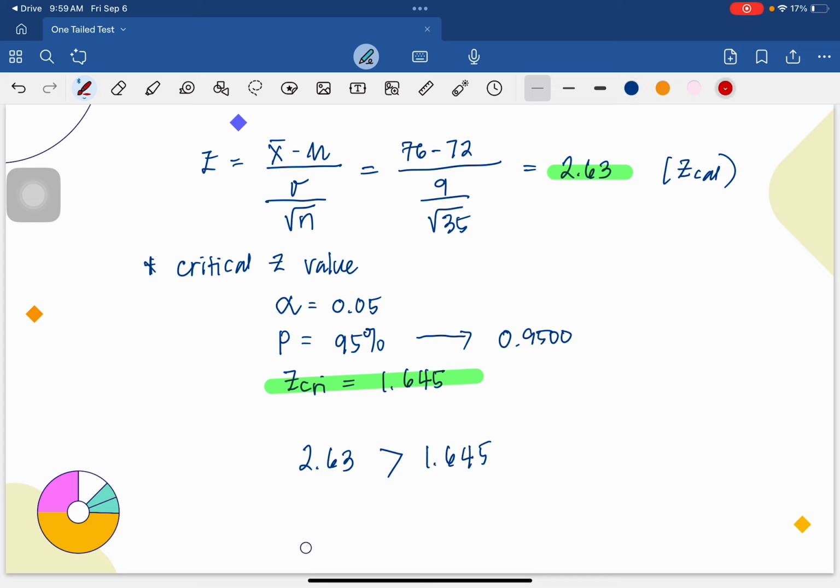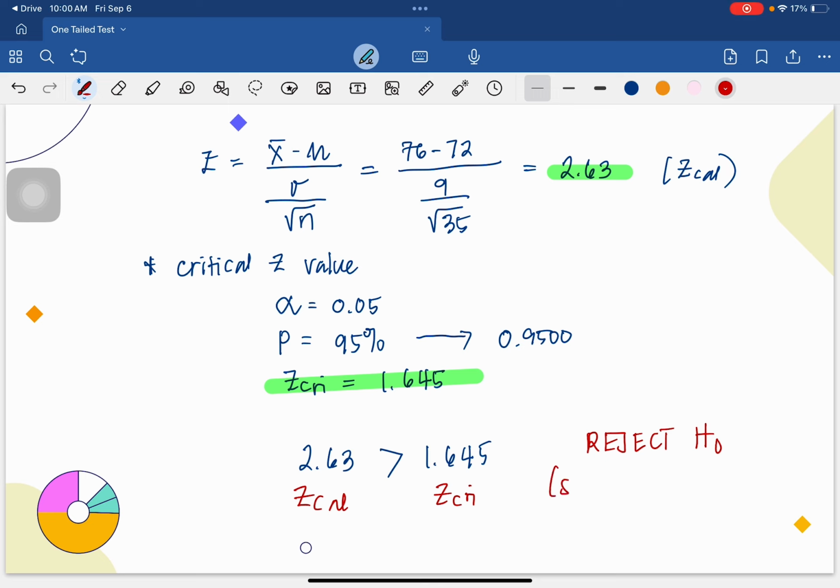Let's just clarify that this is our z cal and this is our z critical. So that being said, since our calculated z is greater than our critical z value, then what do we do? We reject our null hypothesis.